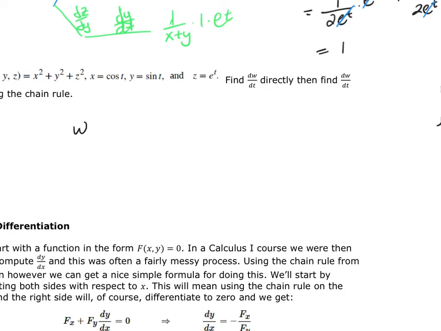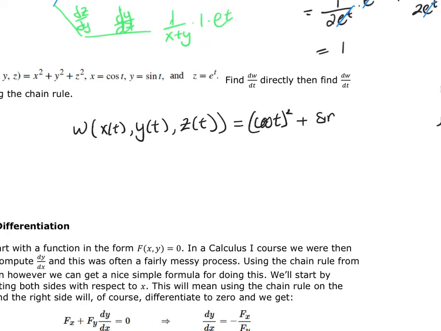So my w of x of t, y of t, and z of t is equal to, wherever I see x, I replace with cosine of t. So that's cosine of t squared, plus the sine of t squared, plus e to the t squared as well.